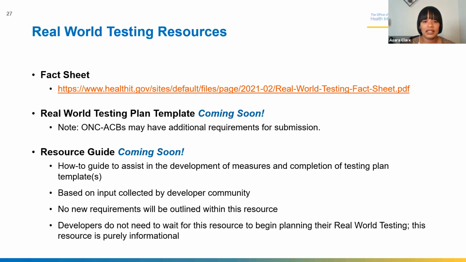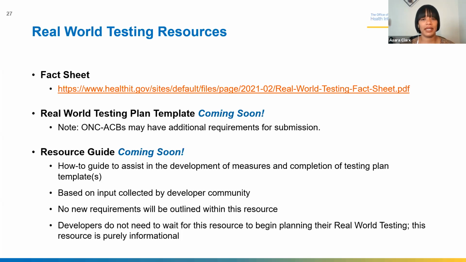It's based on input collected by the developer community. If you were a part of the listening sessions that we held earlier in the year, we thank you. We definitely incorporated your feedback into this guide, and we heard you on the different information gaps that we need to fill with this guide. And there are no new requirements, okay? So we're not adding any requirements in this resource.